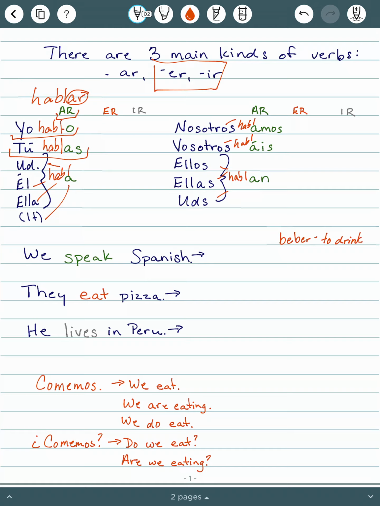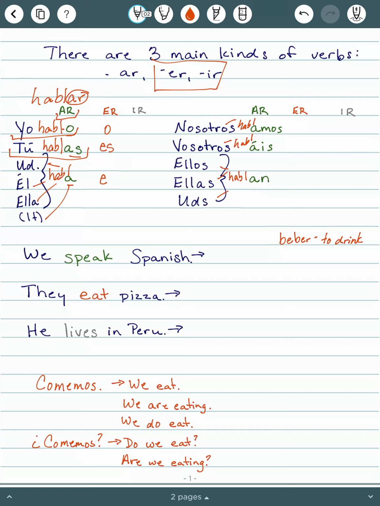Then all I need to do is memorize a new set of endings. And if you've memorized the AR endings, the ERs are a really simple add-on. The yo ending is still going to be an O. Instead of AS, like AR verbs, for ER it will be ES. For usted, él, and ella, instead of an A, it will be an E. Are we seeing a pattern here?